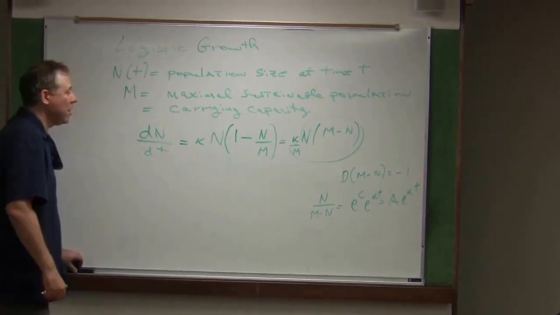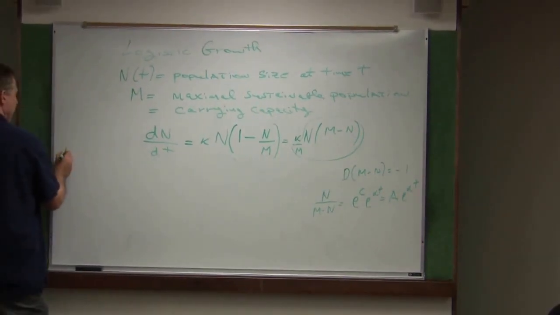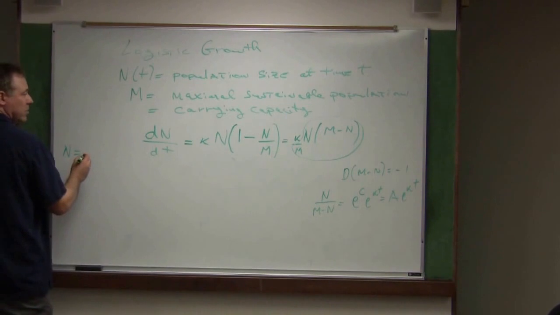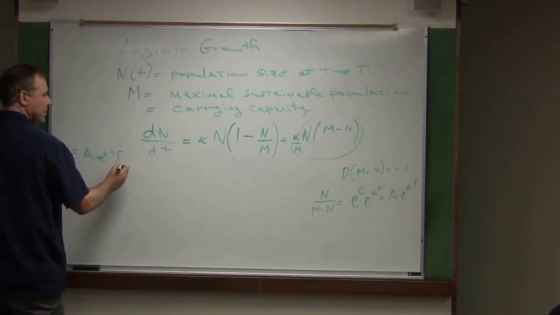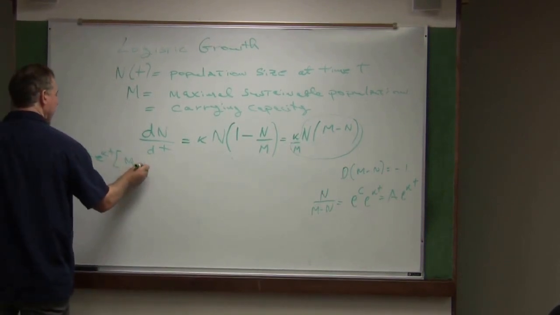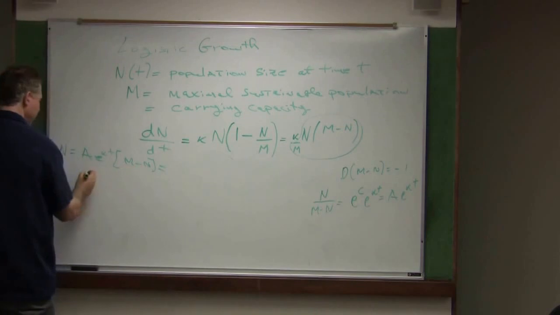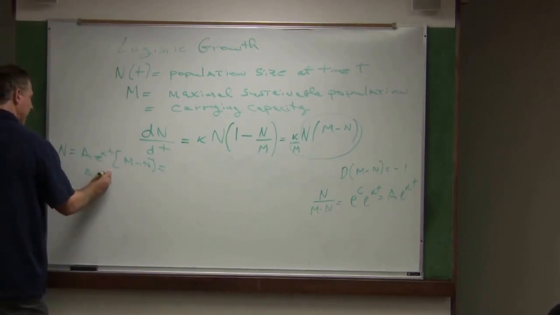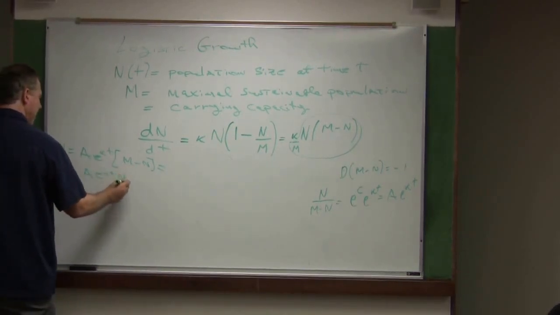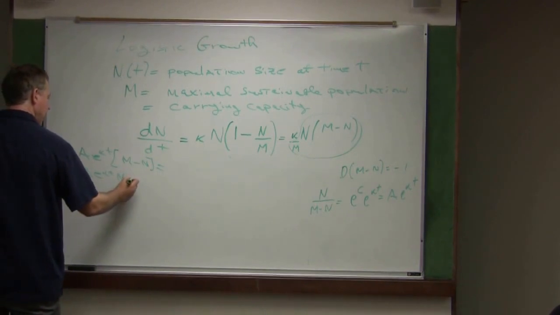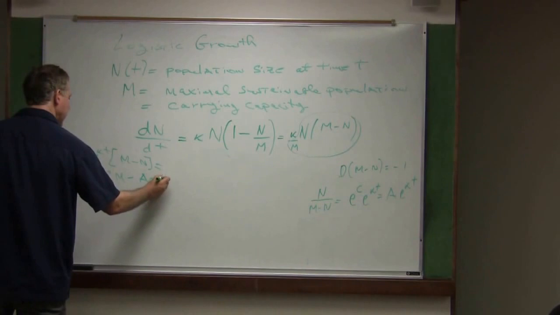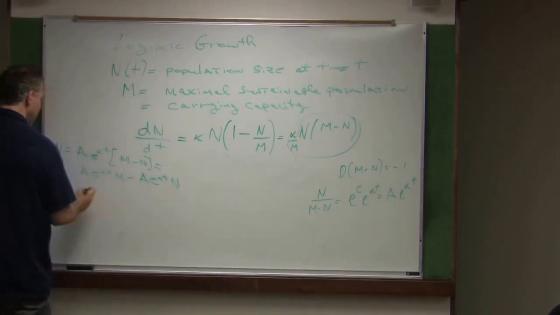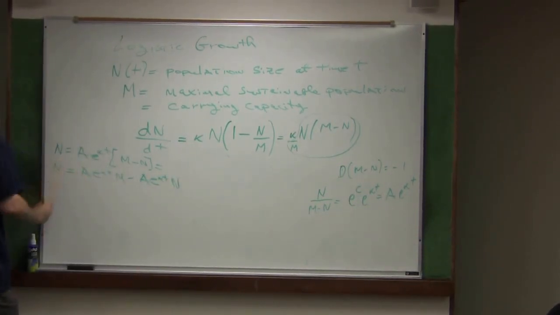Okay, so we've got n is equal to a e to the kt times m minus n, which is a e to the kt m minus a e to the kt n, and that's equal to n.